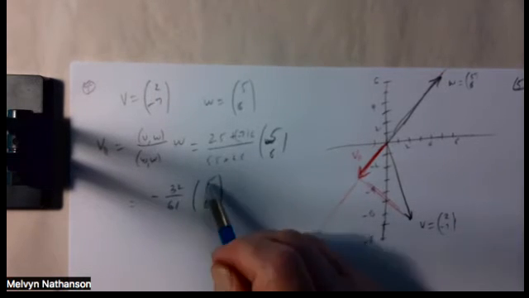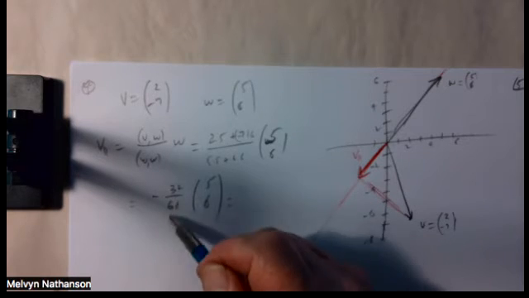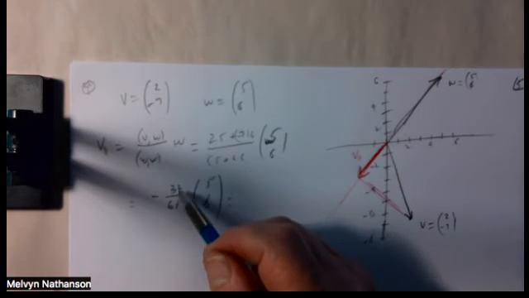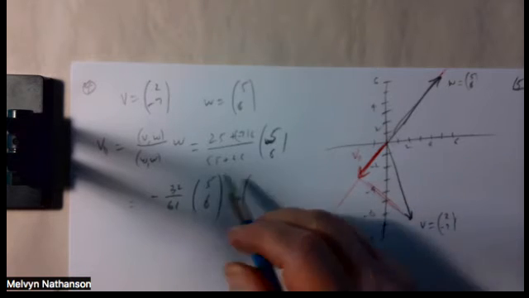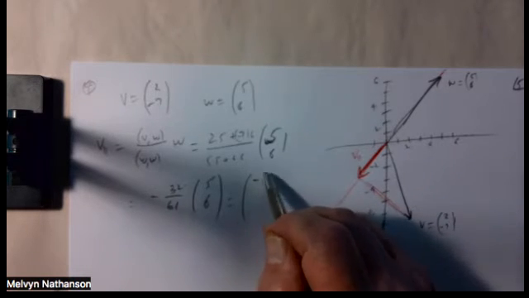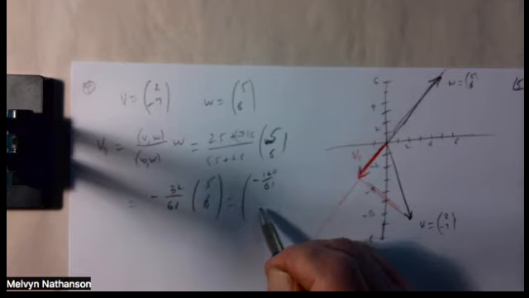So this is the vector multiplied by this number, which is a little bit more than a half. Officially, it is minus 32 over 61 times (5, 6). 5 times 32 is 160, so minus 160 over 61.